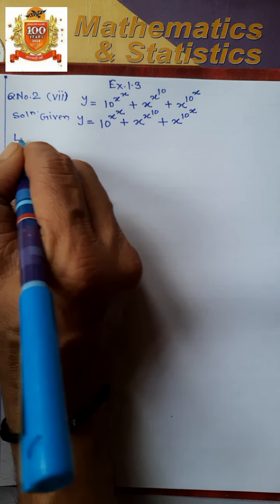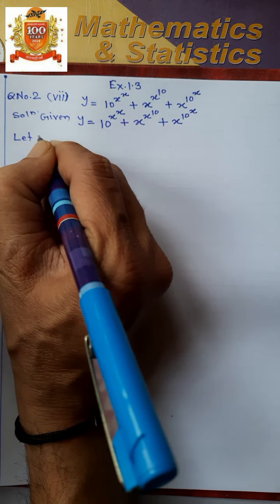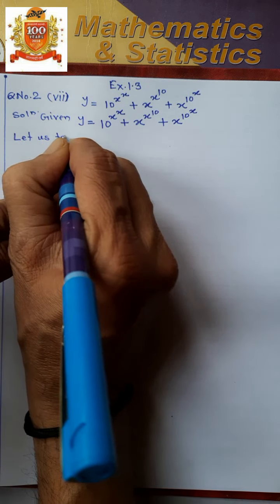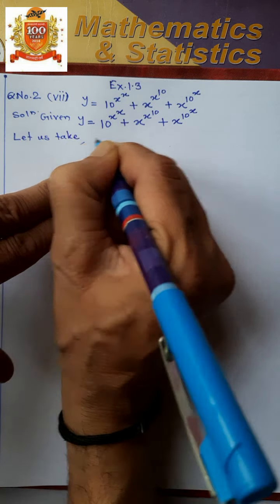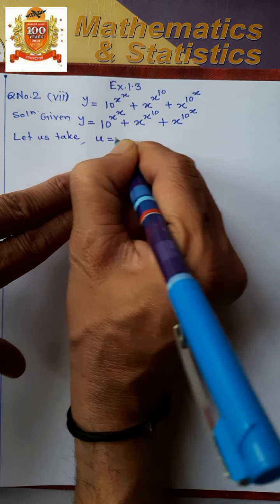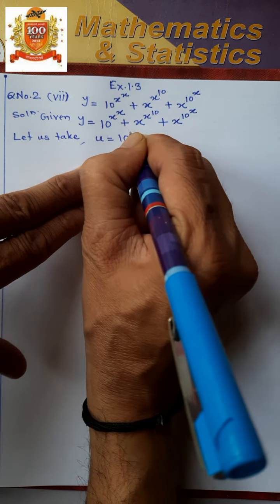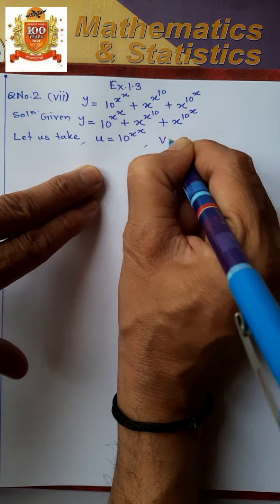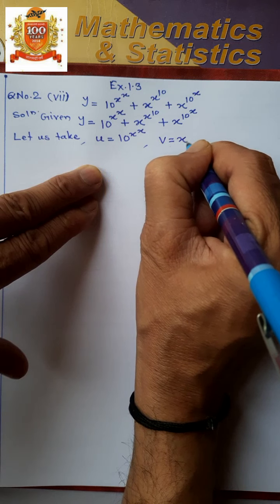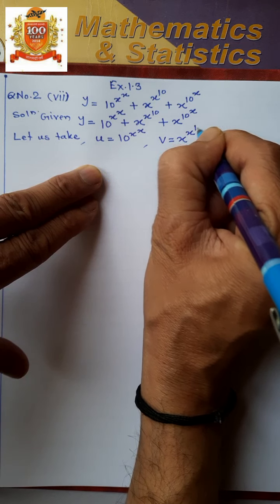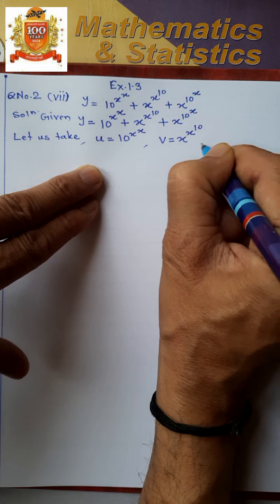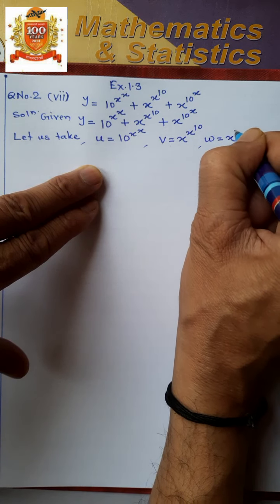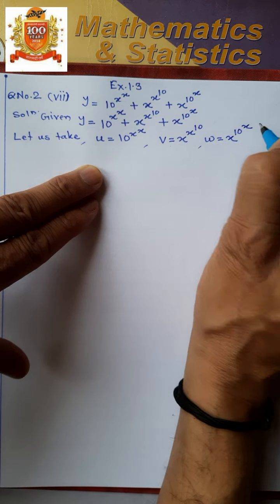Let us take u is equal to 10 raised to power x raised to power x, v is equal to x raised to power x raised to power 10, and w is equal to x raised to power 10 raised to power x.